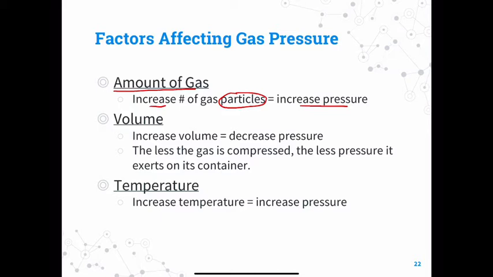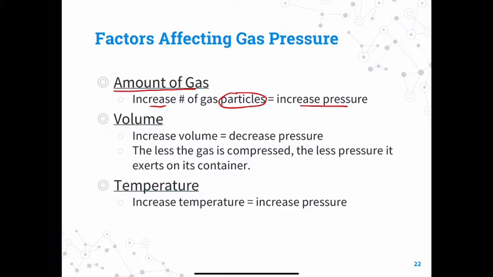Volume. If you increase the volume, it's going to decrease the pressure, okay? So let's think about this analogy with my classroom again. So if we increased the volume of my classroom, so let's say we blew out that wall that separates my room and Mr. Lefevre's room, and so now my classroom is twice the size as it normally is.